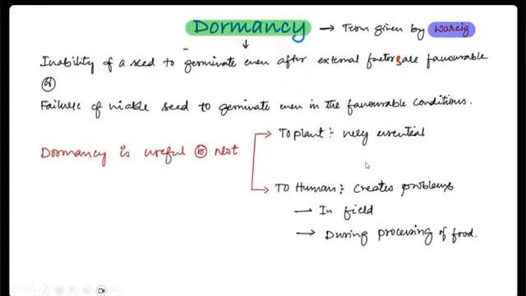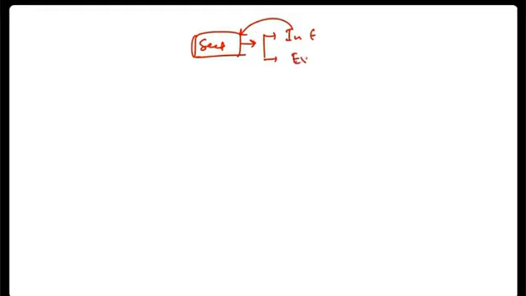Okay, so I can explain this in another simple way. For example, if there are certain seeds that you want to sow, what actually matters for germination? One is the internal environment, the environment of the seed, and the other is the external environment.